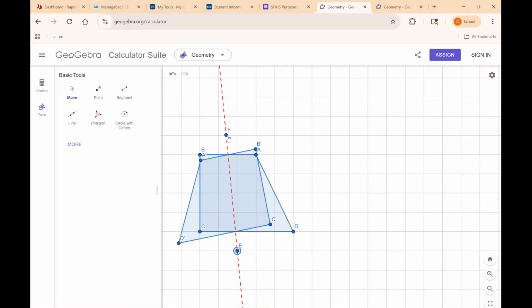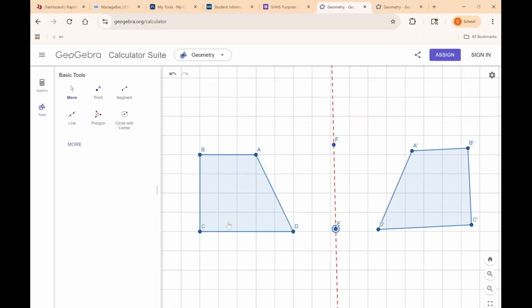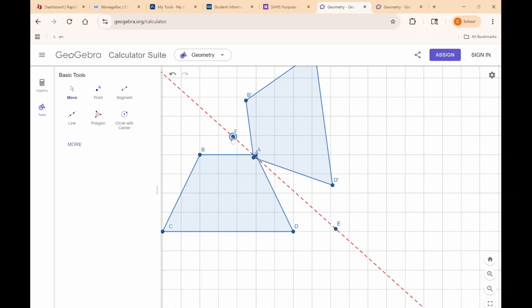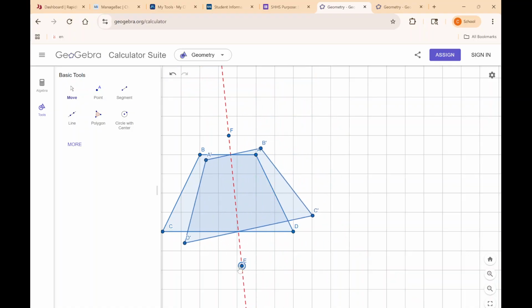So let's see. Let's move this guy over. There we go. There's our isosceles trapezoid. You can visually see that horizontal is not going to work, but I think a vertical just might be possible.